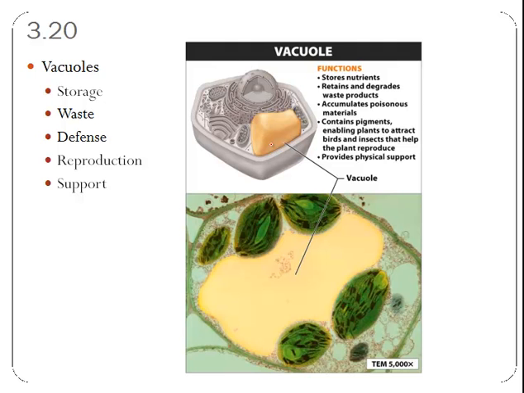A lot of plants use them for support. So a lot of soft plants, not woody plants like trees, will absorb water and fill their vacuoles, and that will pressurize each cell so they can stand upright. And they will start to fall over and get limp as they lose water and those vacuoles empty out. So vacuoles are found primarily in plants.